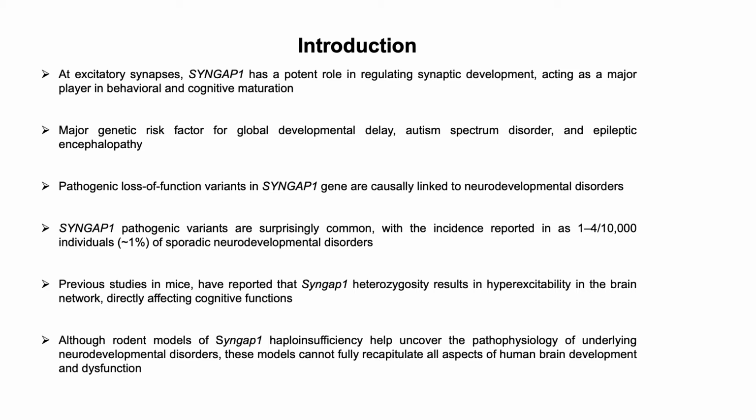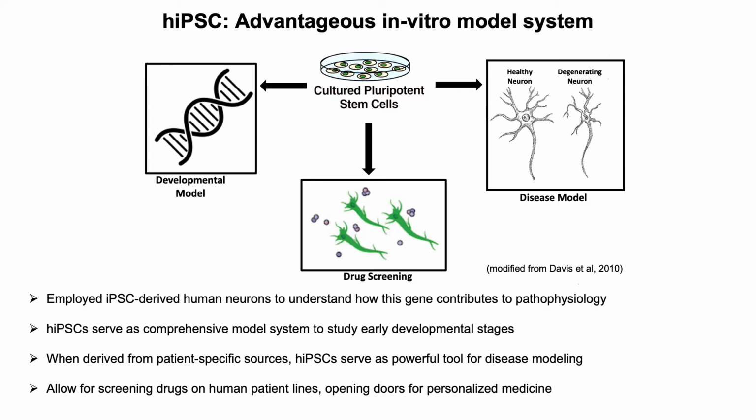Although rodent models of SYNGAP haploinsufficiency help uncover the pathophysiology of underlying neurodevelopmental disorders, these models cannot fully recapitulate all aspects of human brain development and dysfunction owing to genetic complexity, protracted time of development, and intricate cortical expansion of the human brain. Thus, with an aim to better understand the pathophysiology and functional consequences of SYNGAP1 insufficiency, we want to characterize SYNGAP mutations using a human iPSC-based model system.